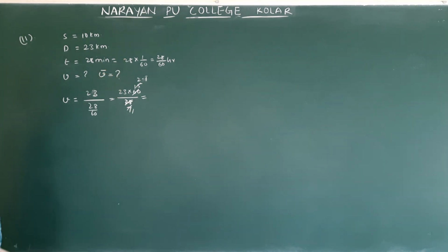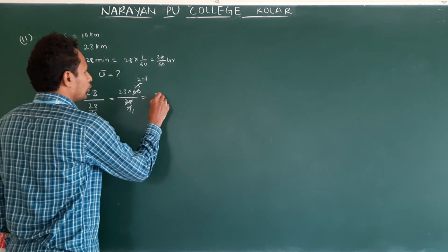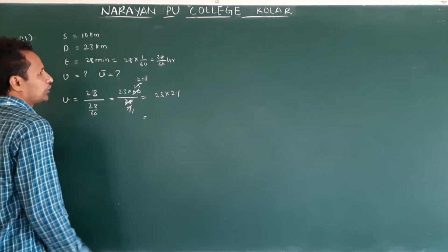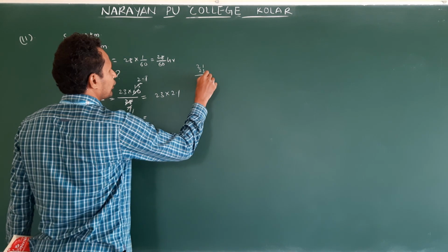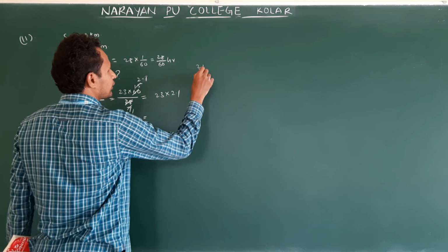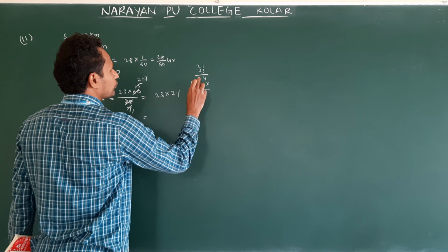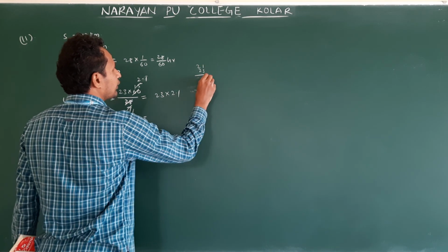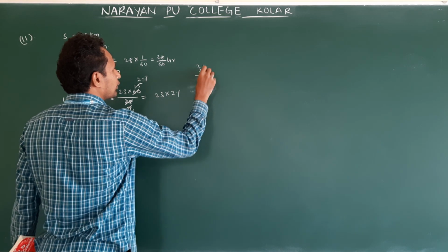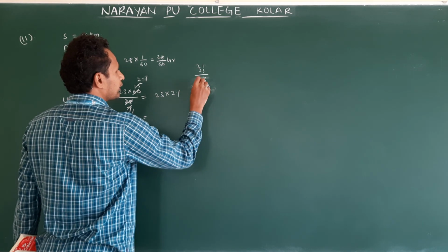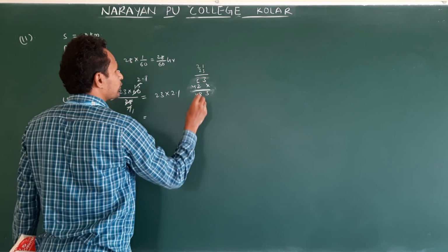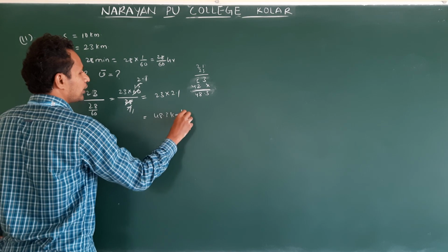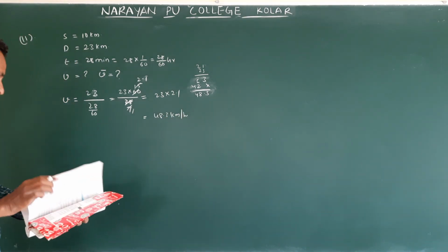I am taking only one decimal place. So 23 into 2.1: 23, 46, 3, 6, 2, 4, 3, 8, 4. One decimal place is there. So 48.3 kilometers per hour. Is this correct or not?